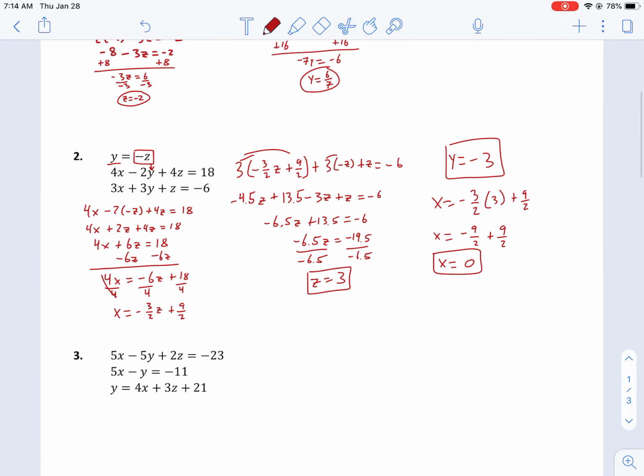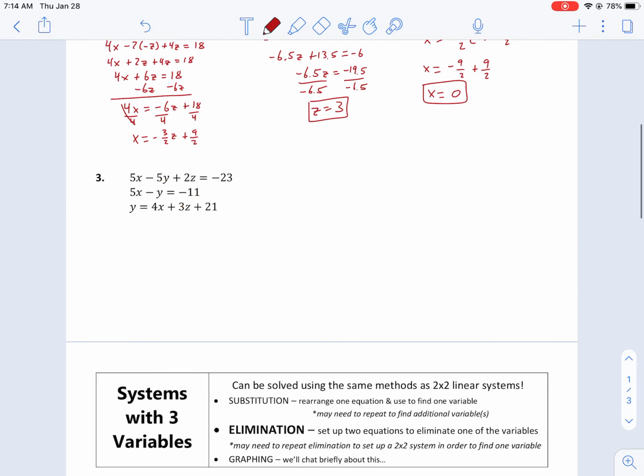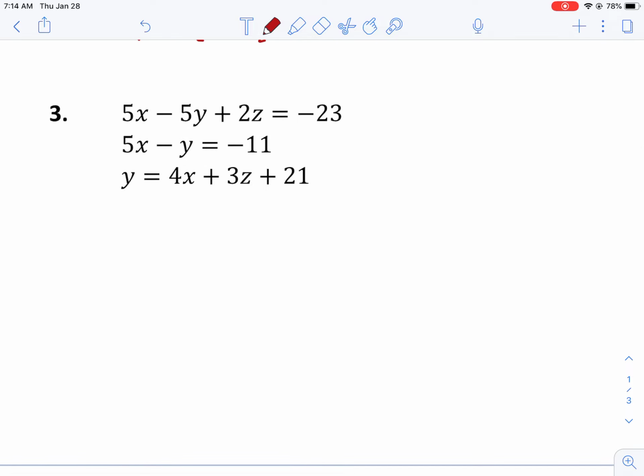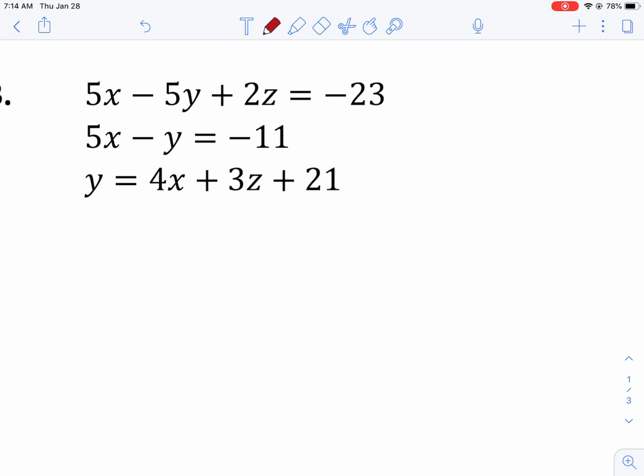This one looks kind of tough. All right, number 3. So what are we looking at? Well, the first thing I see here is that we have y by itself.